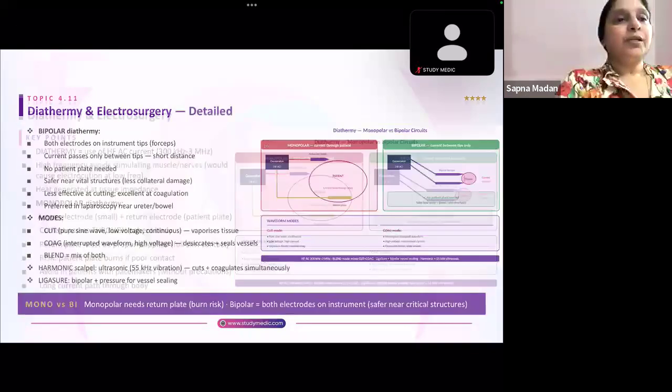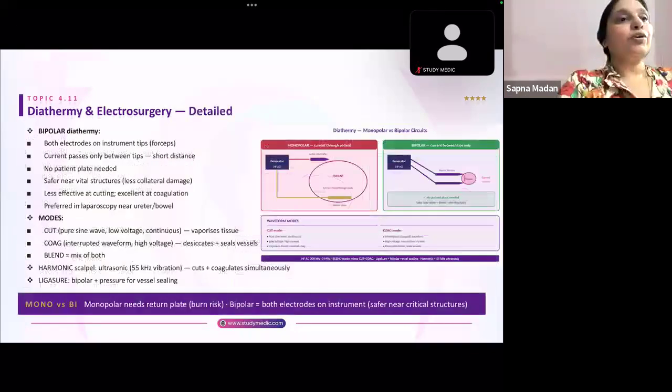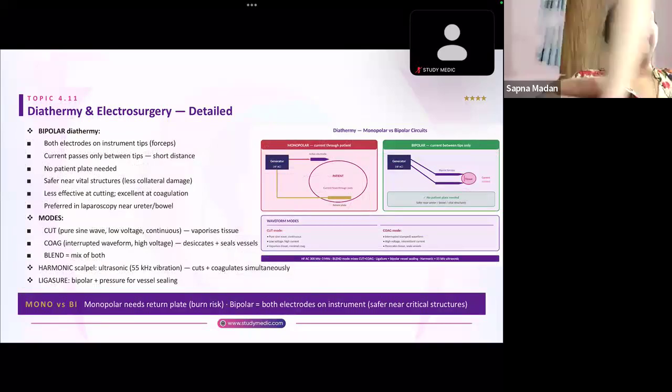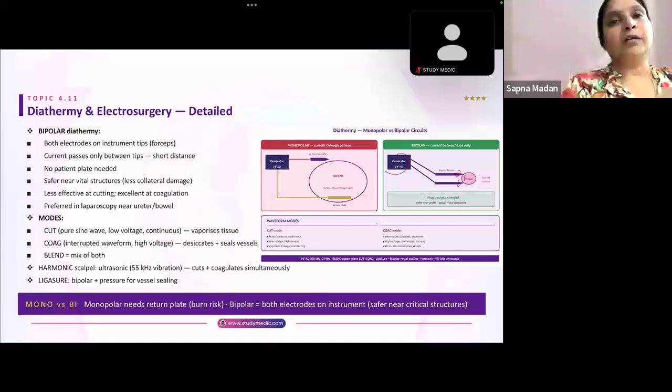Talking about the bipolar diathermy, both the electrodes are on the instrument tips. So this is the generator, and this is your instrument, and both the active and the return electrodes, the current which is going to go to the patient and the return, they're both at the instrument tip. So the current only passes between the tips, it doesn't go through the patient.